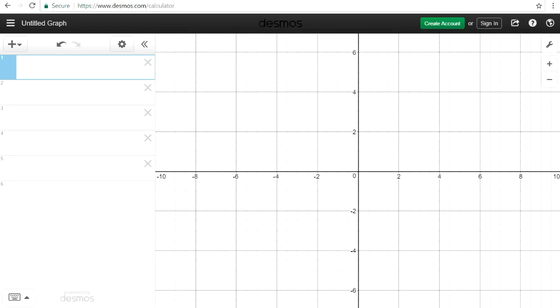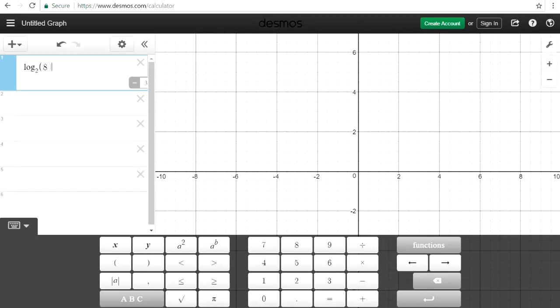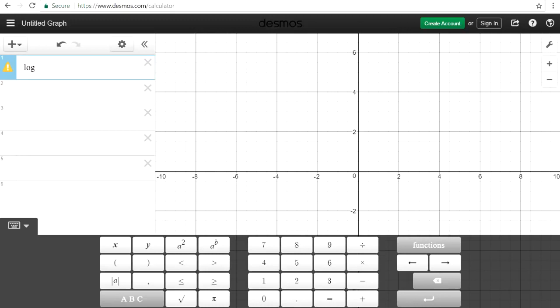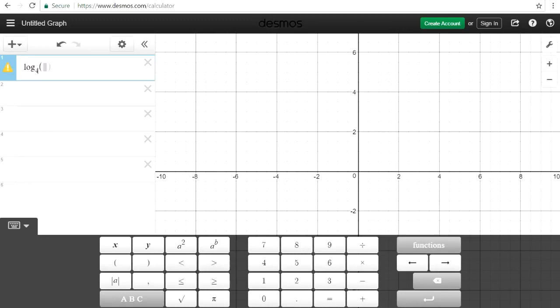For example, let's say we wish to evaluate a log. Let's say log base 2 of 8. It's 3. 2 to the third power is 8. So let's say we want to figure out log base 4 of 64. That's going to be 3.